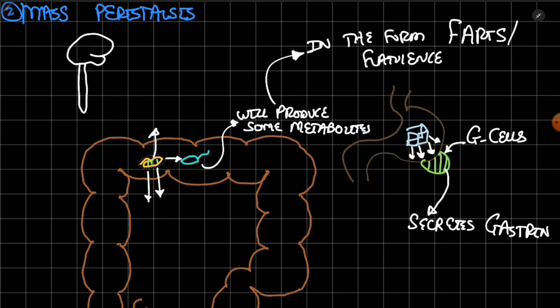Now this initial fecal particle, which has some amount of nutrients that have been absorbed by our body, and that E. coli kind of thing, irritates the mucosa. This irritation will cause the brain to secrete some neurotransmitter that includes acetylcholine.